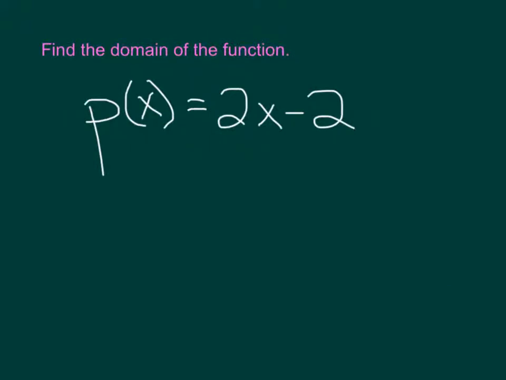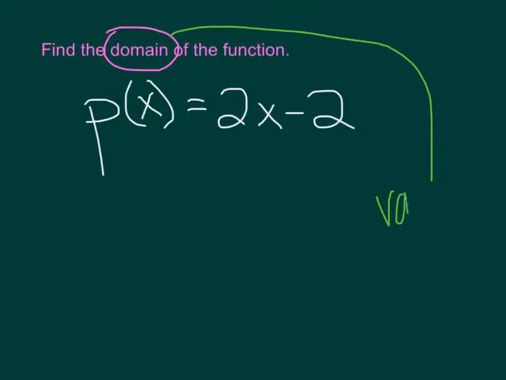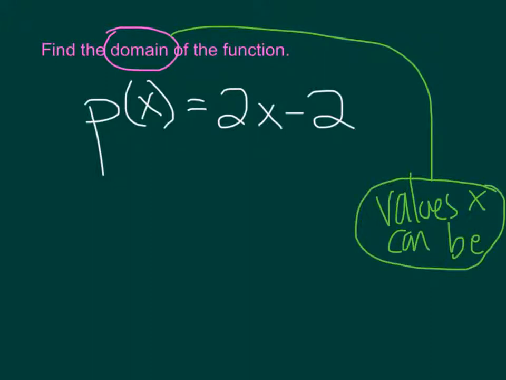And next up, we've got a question asking us to do the same thing. Find the domain of the function p of x equals 2x minus 2. So we're basically doing the same thing. We're finding the domain, which is all the values x can be. And like I said on the last problem, typically what we're trying to avoid is an undefined function.